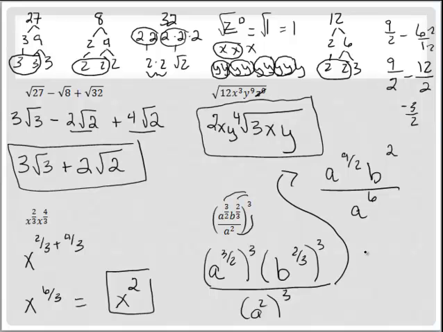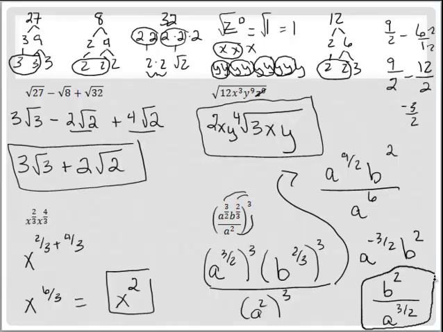So we're going to have a to the negative 3/2 b squared. But what if we don't want to keep a negative exponent? Remember, negative exponent means put it on the other side of the fraction. So we're going to end up with b squared all over a to the 3/2. We will talk more about a problem like this later, but we'll leave it as that for now.